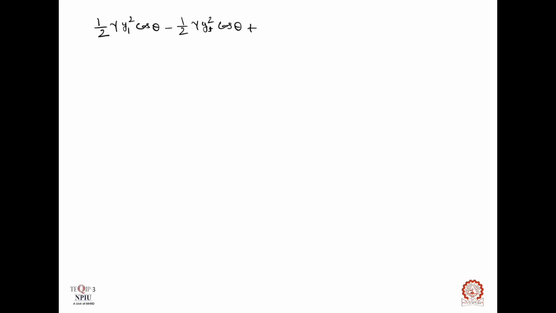Okay, and W is half of k gamma Lj (y1 plus y2) sin theta is equal to M2 minus M1, that is, rho q square divided by y2 minus rho q square divided by y1.